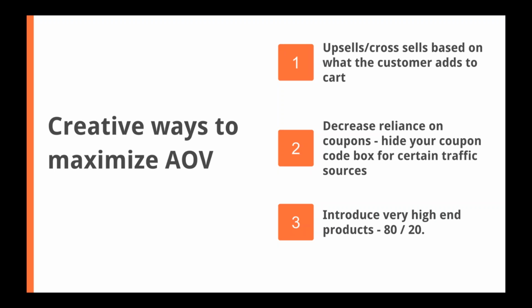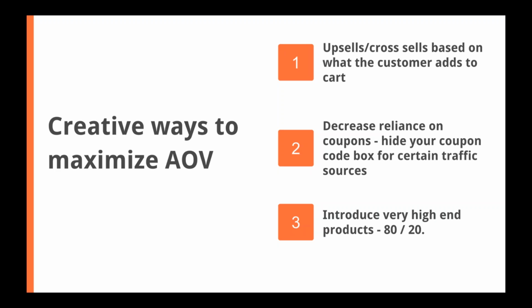But if they came from, let's say, Taboola or a comparison shopping site, and you feel like you've already given that person a great offer, there's no point in saying, hey, here's a coupon code box, be sure you go search for a coupon code. So be really selective about who you're showing that code box to because it's going to shape the behavior of that customer.